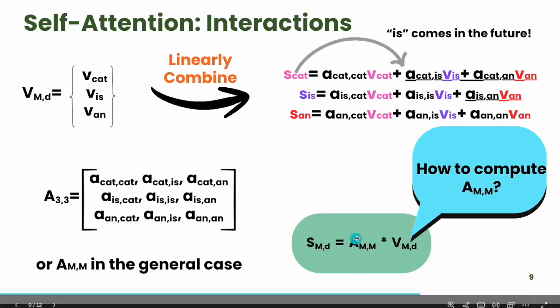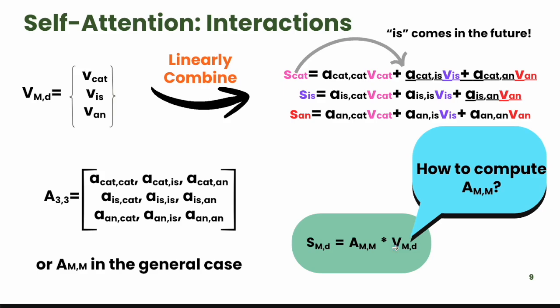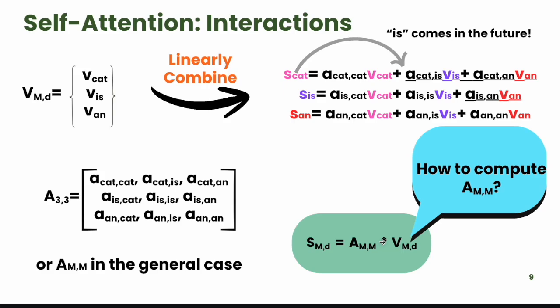So you take the weight matrix A and you just multiply it by the value vectors V. As soon as you perform this multiplication, you get these expressions that we've written here. And probably it's quite clear to you that if you were to implement masked attention, you will introduce another matrix M in the middle that would implement the mask. For now, we are just going ahead with the unmasked attention.